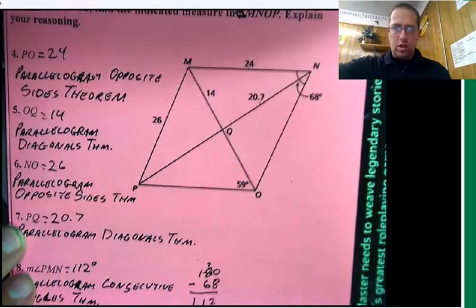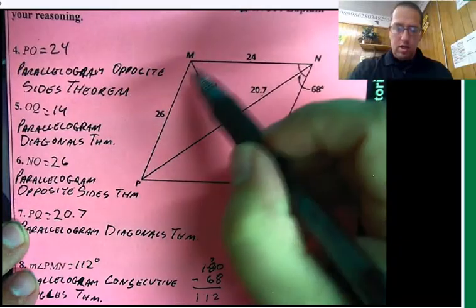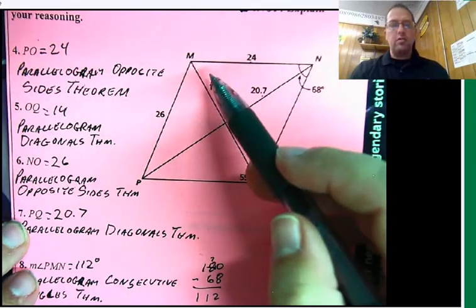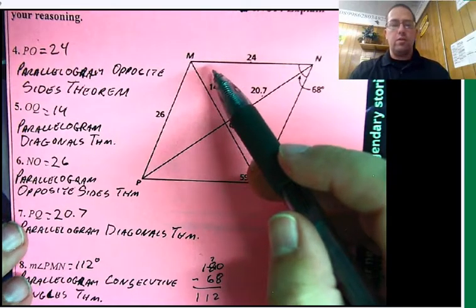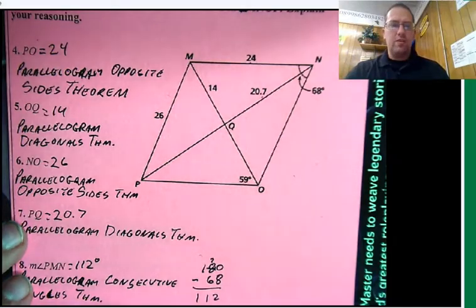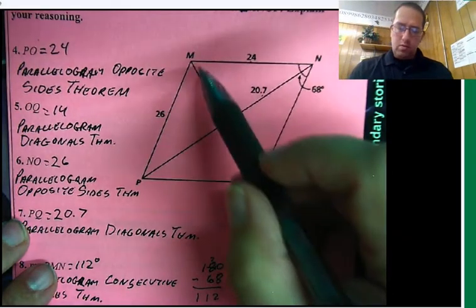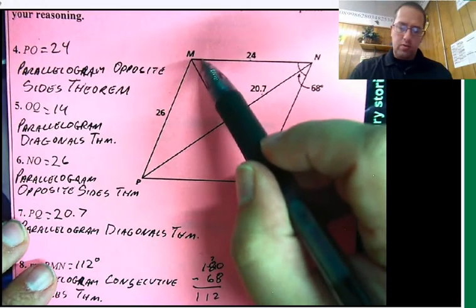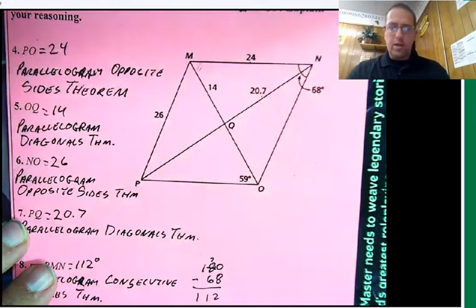Let's see, angle NMO. That is not actually the angle of the parallelogram, is it? So, what can we do with that? What do we know about this angle that we're looking at right here? That one.